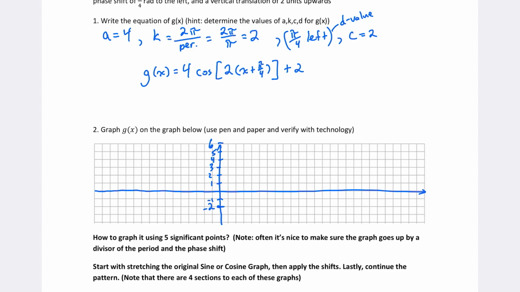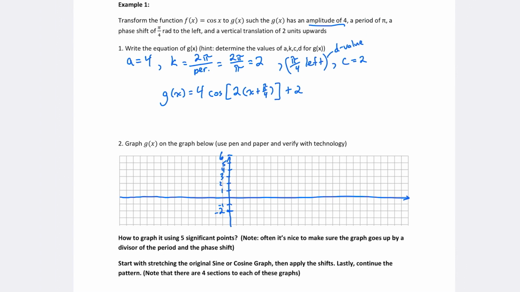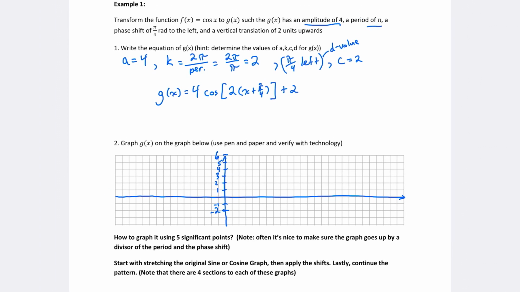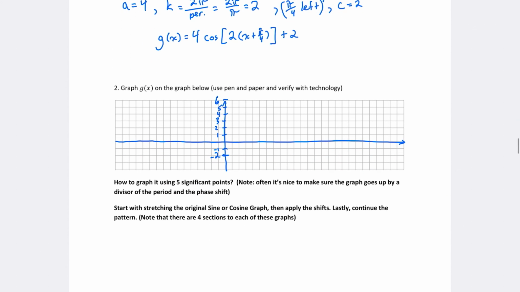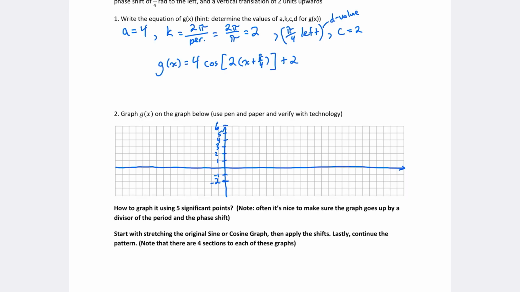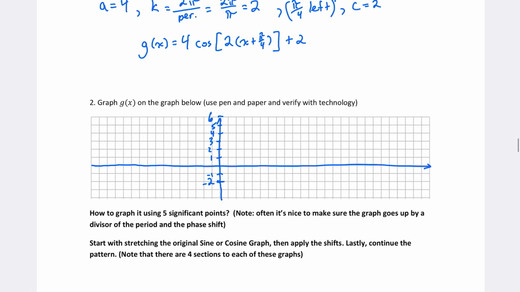Next, we're going to look at the period. So I can see that it says that the period is pi, okay? And because we looked at these graphs earlier and it kind of goes into 4 sections, right? So 1, 2, 3, and 4. So there are 4 sections to these graphs, what I often like to do is just take the period and divide it by 4.